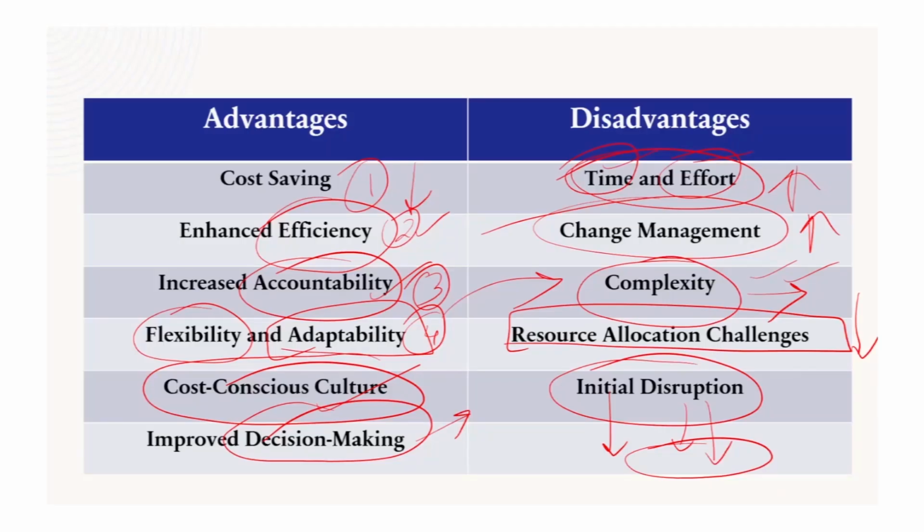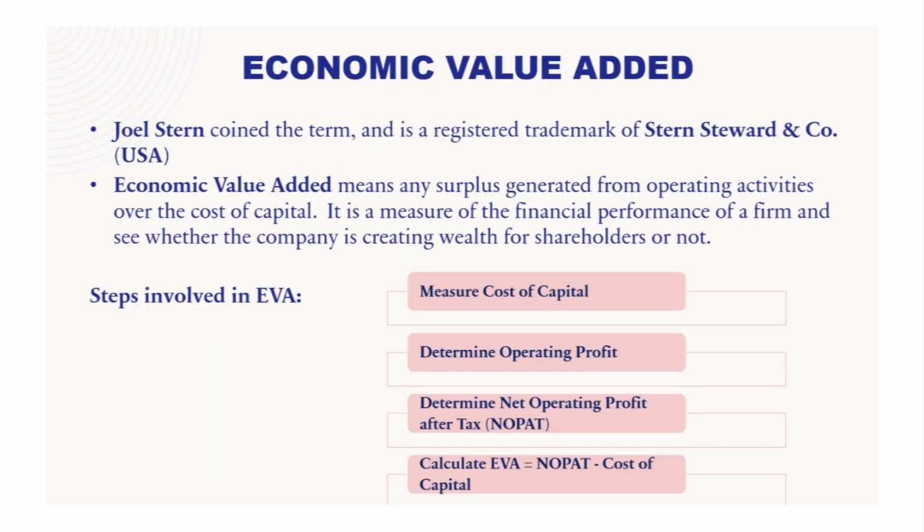So, this was all about zero based budgeting, and moving beyond, we will be discussing economic value added. The second modern technique in this module is EVA. We generally call it EVA. You must have studied or got knowledge about EVA, economic value added. Now, what is this thing?